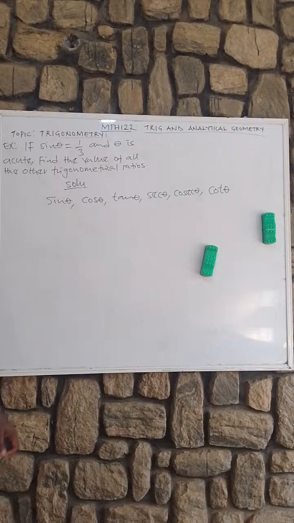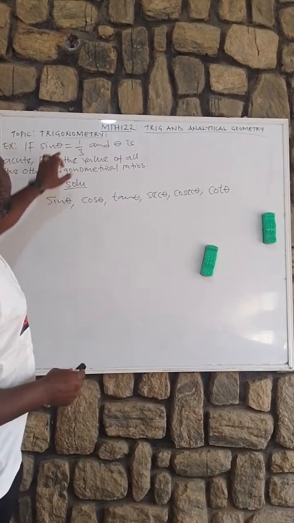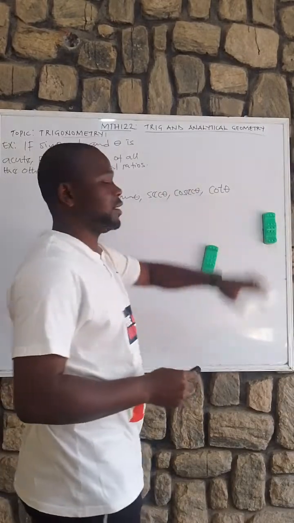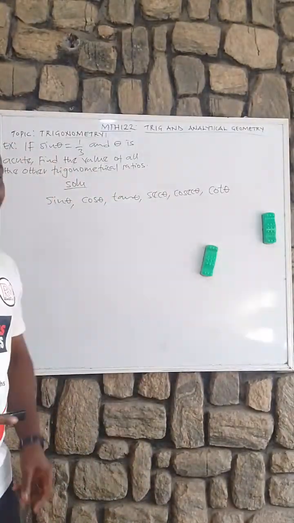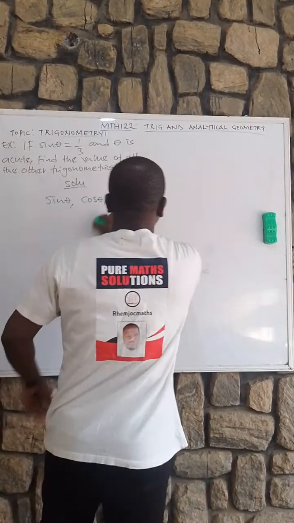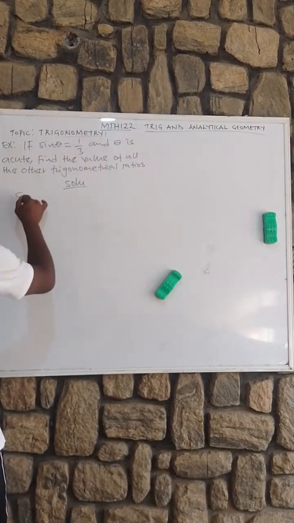Yes. So how can we manage to obtain them already? Sin theta has been given. As simple as ABC, it is not difficult. Is that clear?